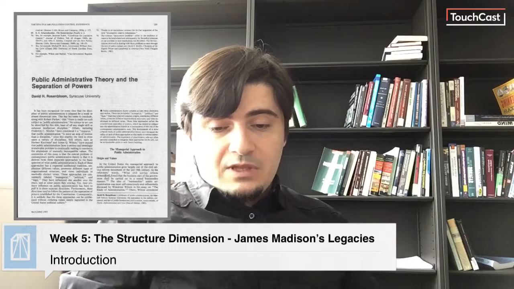This article was in the recommended reading list, so there's not much difference, and also this is a shorter article than Wilson's book chapter. So this is a very good article. It talks about the separation of powers and how it's related to the public administration theory in the US.